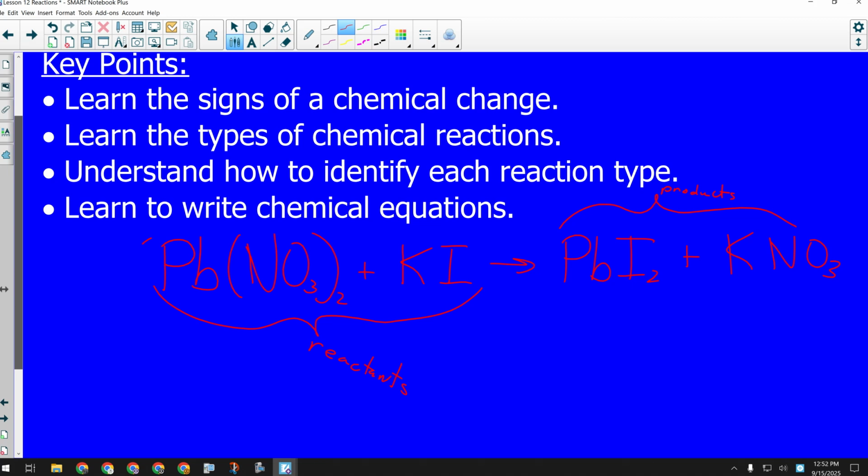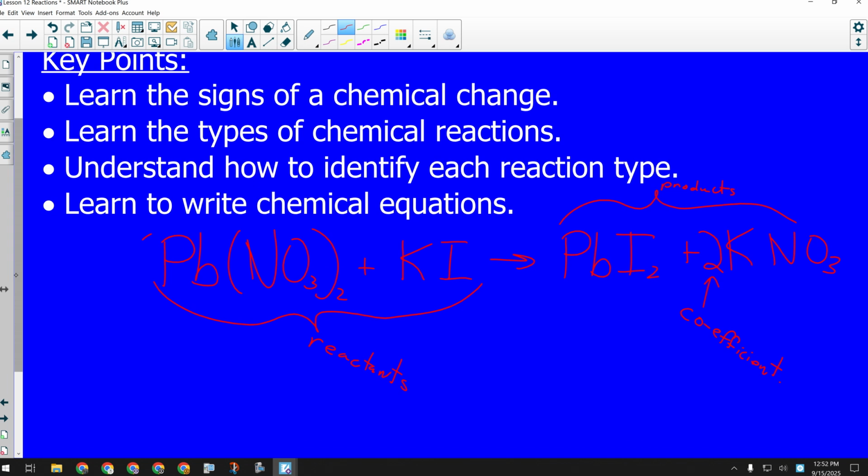That's a problem. I just destroyed a nitrate somewhere. I can't do that. So what I end up doing is I put in what we call a coefficient. We use these to help balance a reaction.